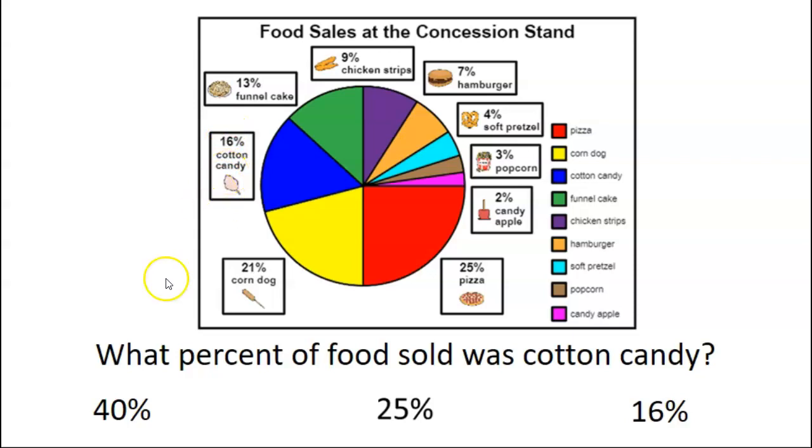So look at the percent. Is that 40%, 25%, or 16%? Touch or say your answer. 16%. So 16% of food sales was cotton candy.